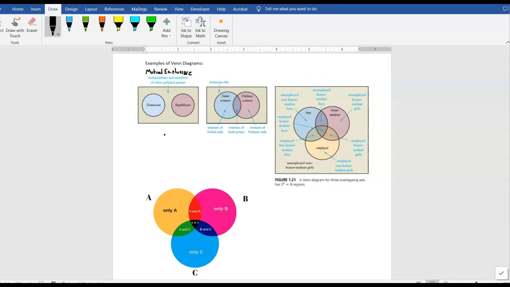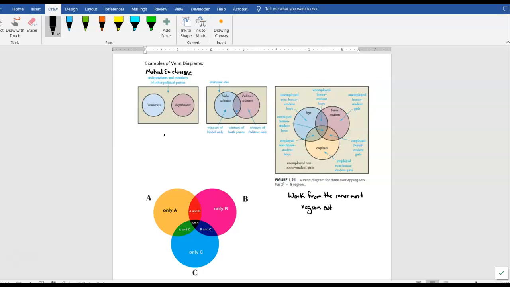You can read through each one of these, what each section means. Whenever filling out a Venn diagram, you always want to work from the very inside out. So work from the innermost region outward.